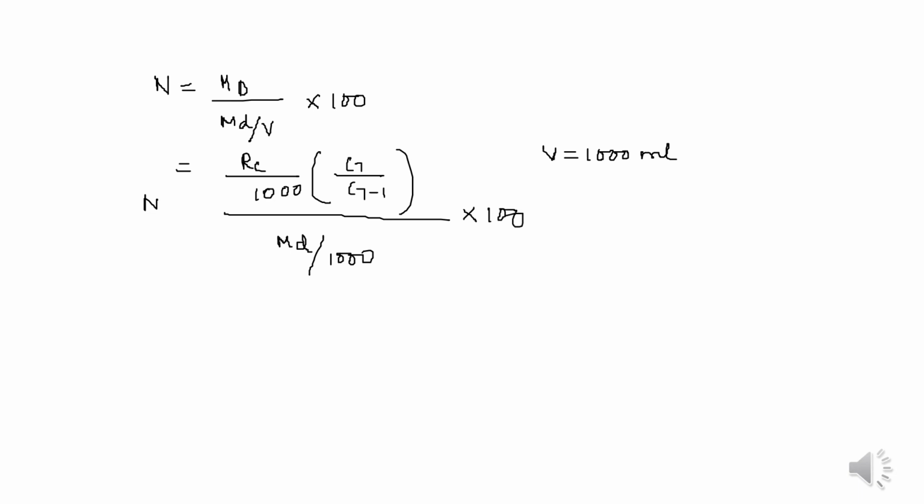Therefore we can write N equal to 100 G RC divided by md into (G minus 1). So this is the percentage finer with respect to the total dry mass of all the particles put in suspension, that is md.